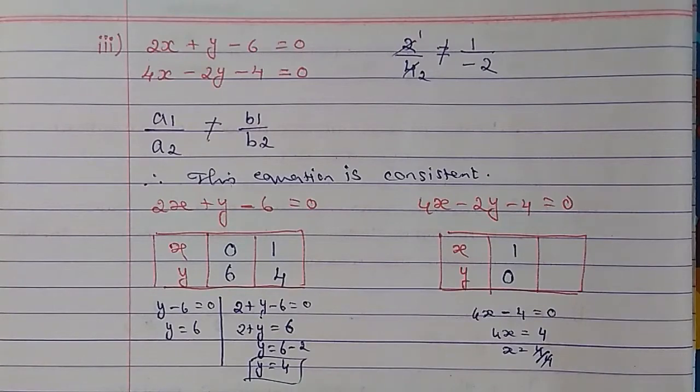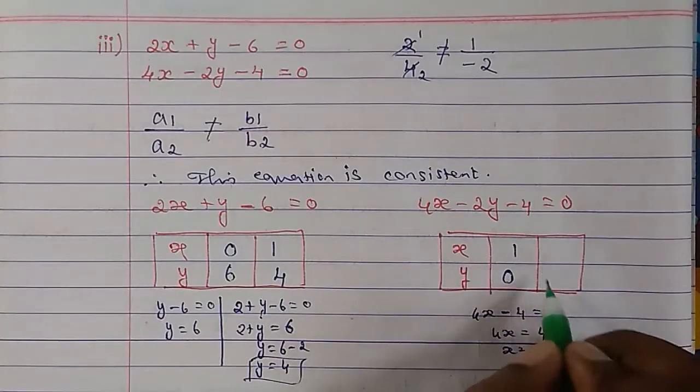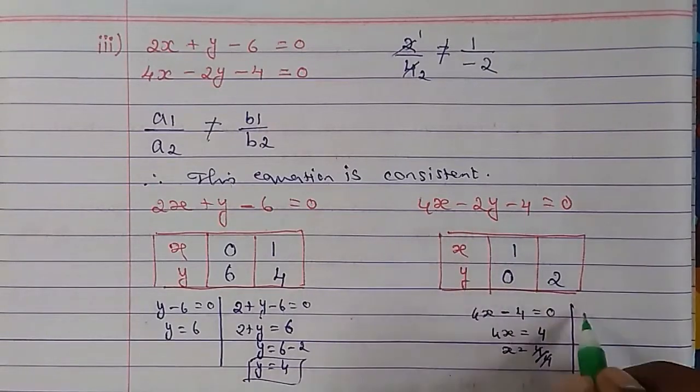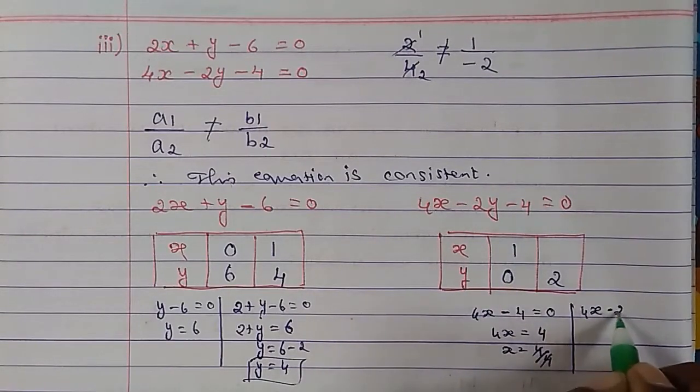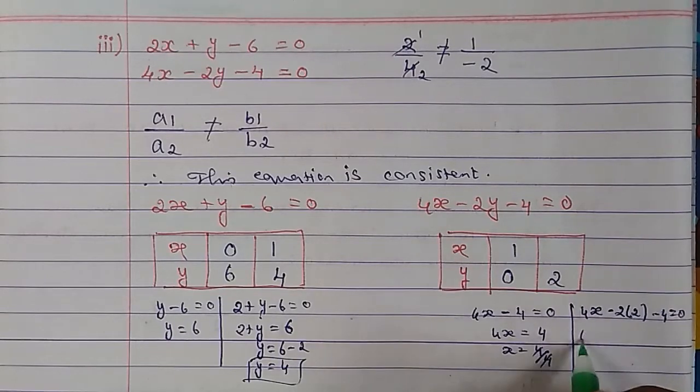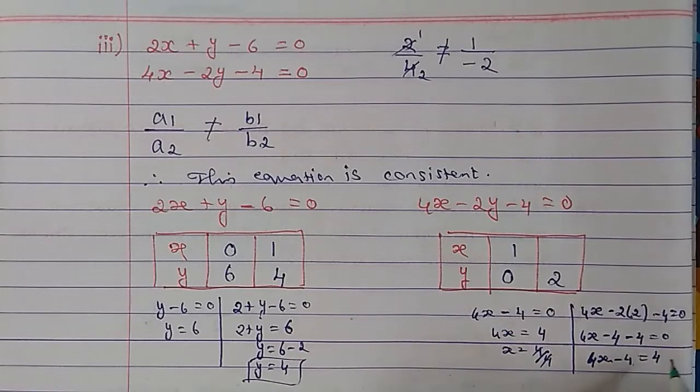Now let's take the y value as 2. Then putting in the equation 4x minus 2 times y, with y as 2, minus 4 equal to 0. So 4x minus 2 2's are 4, minus 4 equal to 0. So 4x minus 4, this minus 4 comes here, plus 4.